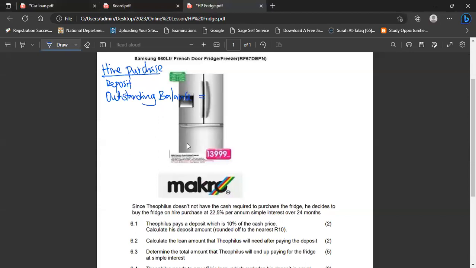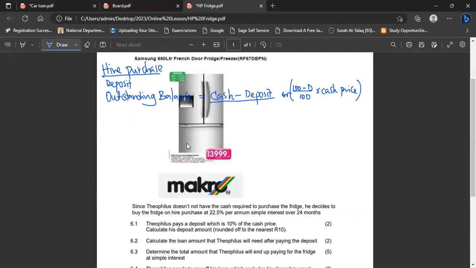Outstanding balance will equal the cash price minus the deposit. There are two ways you can do this. Or you can get 100 minus the deposit divided by 100 times the cash price. That's another method you can use to get it straightforward.